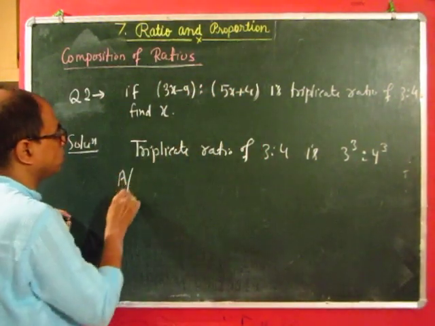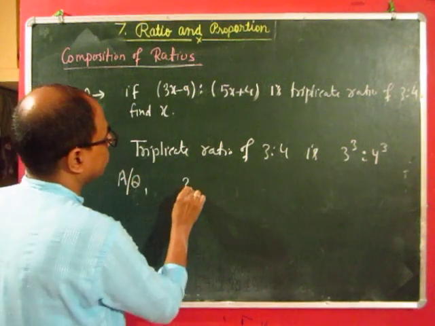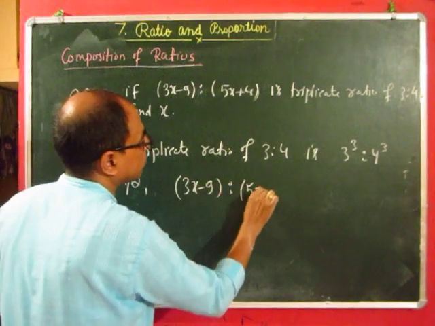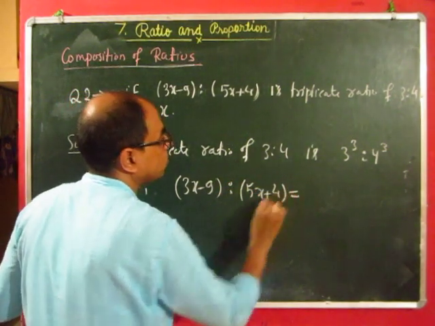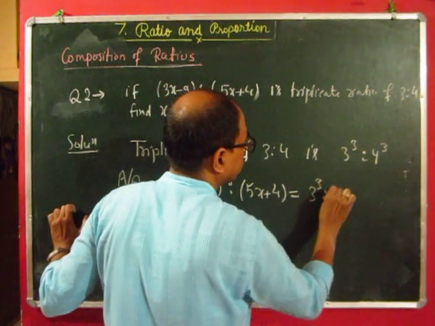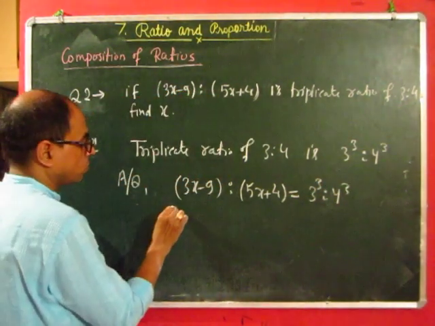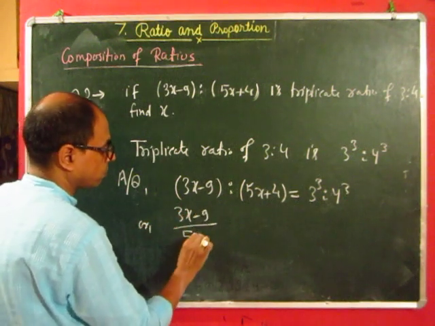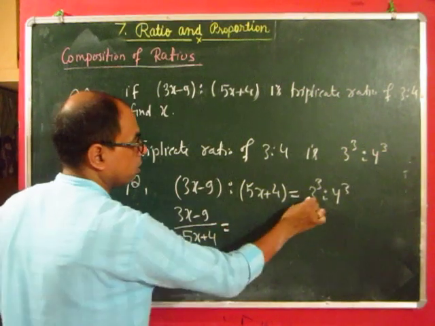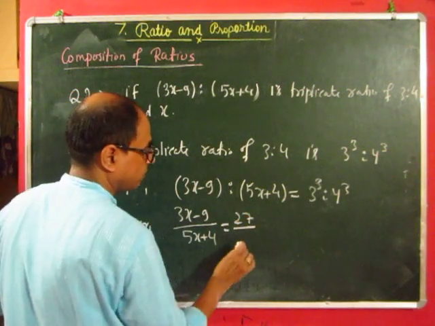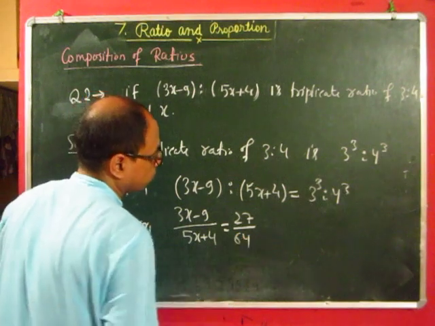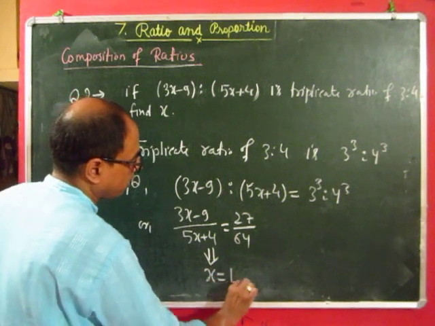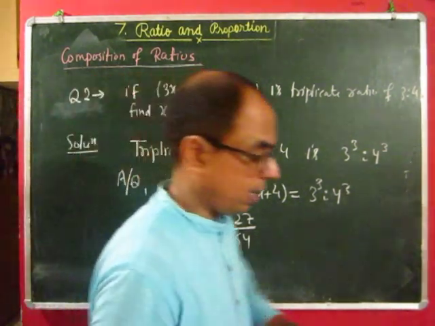According to the question, 3x minus 9 is to 5x plus 4 must be equal to 3 cube is to 4 cube. So 3x minus 9 by 5x plus 4 is equal to 27 by 64. Now simplify this equation and you will get the value of x.